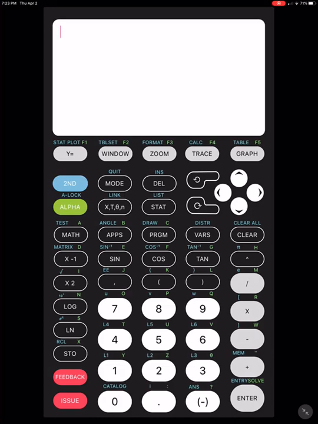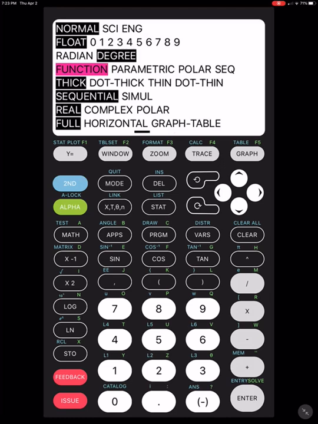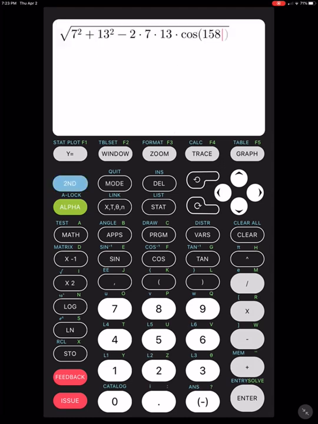Let's type that in. As we do that, again, second x squared key, there's our square root key. We've got 7 squared plus 13 squared minus twice the product, 2 times 7 times 13, times the cosine of the angle. Now remember, we need to make sure our mode is in degrees, so we've got it in degrees.